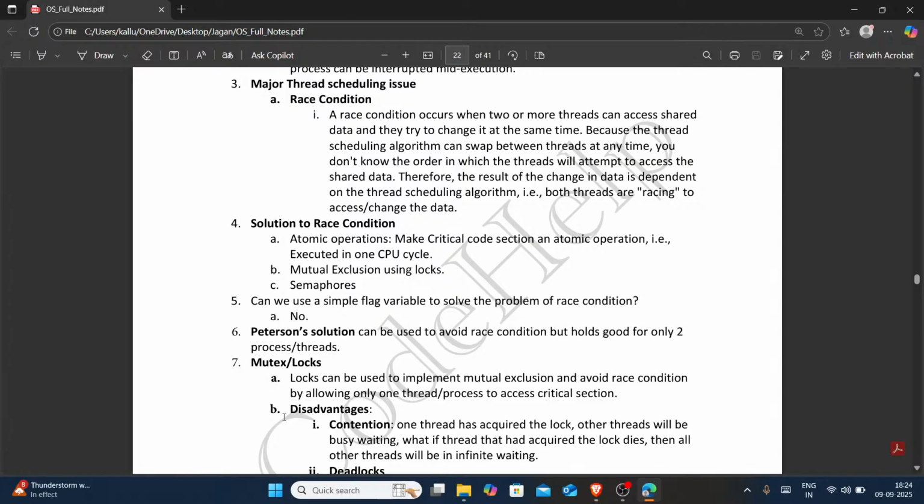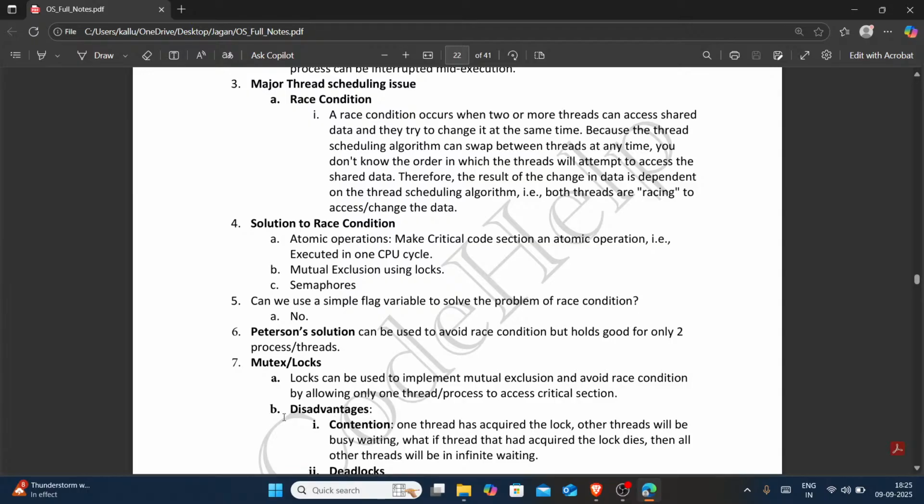semaphores. Can we use a simple flag to solve the problem of a race condition? No. Why can't we use a simple flag variable to solve the race condition problem? Let's say we initialize a flag variable and set it to 1 and start executing.